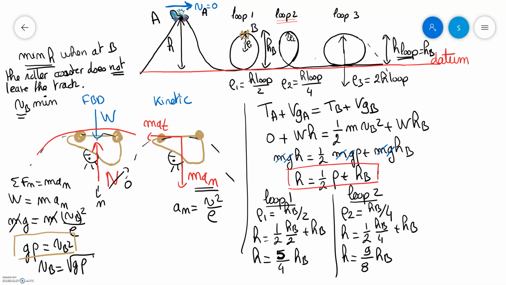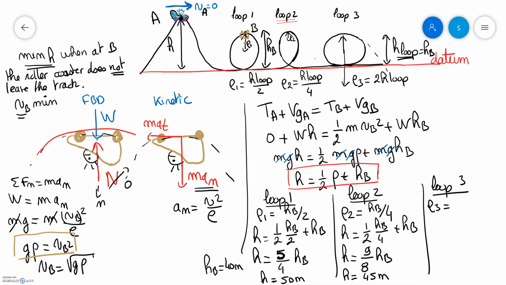Now if HB equals 40 meters, h will be equal to 45 meters. So if HB equals 40 meters, h in the first case equals 50 meters, and in this case h will be equal to 45 meters.